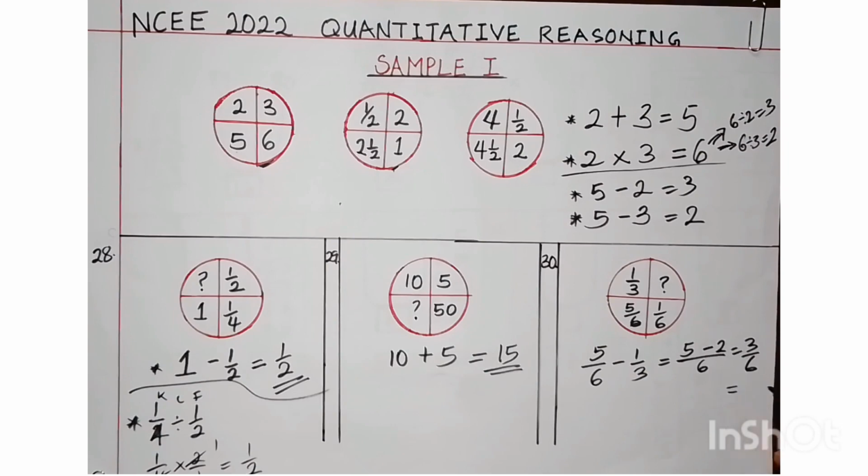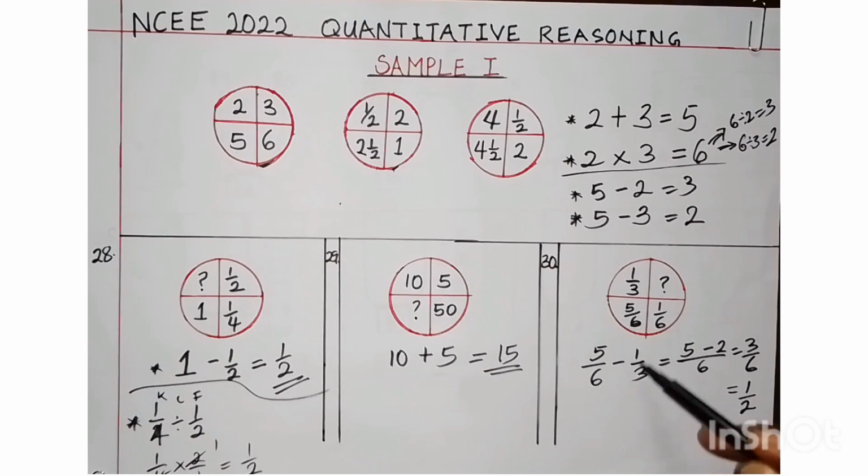You can further reduce it to 1 over 2, because 3 in 3 is 1, and 3 in 6 is 2. Doing your subtraction or addition of fractions, you could choose any method that is easy for you. You can also do the equivalent fraction method, where you turn this to 2 over 6.